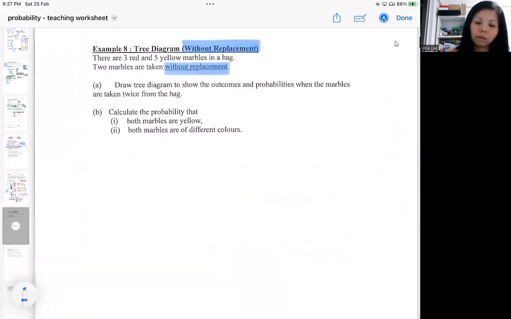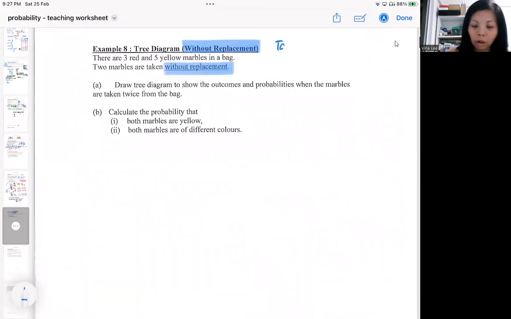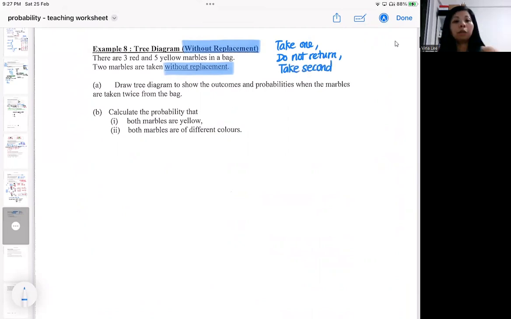Without replacement means you take one, you do not return it, then you take a second one. So the effect is that it actually reduces the total number.